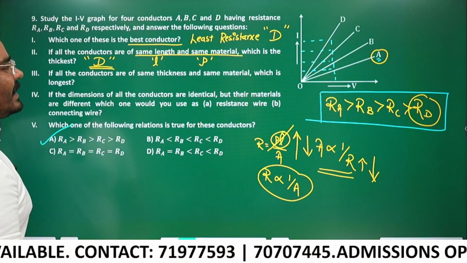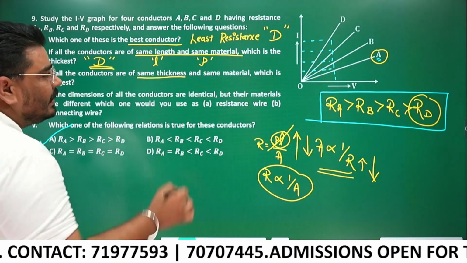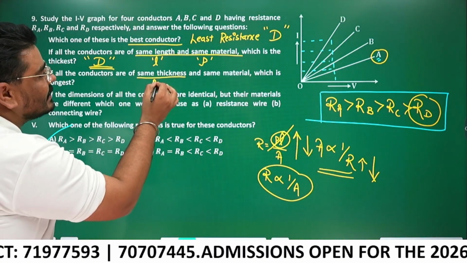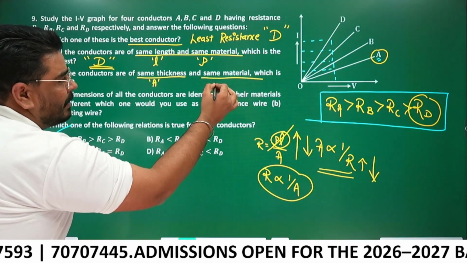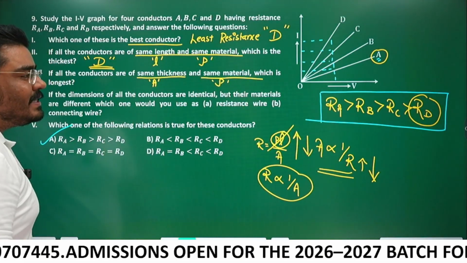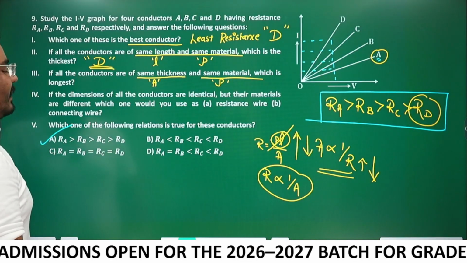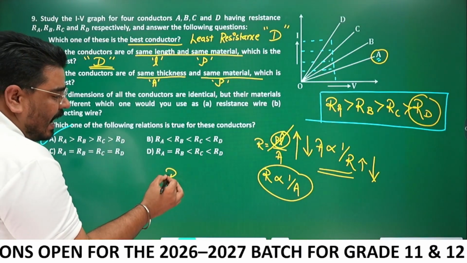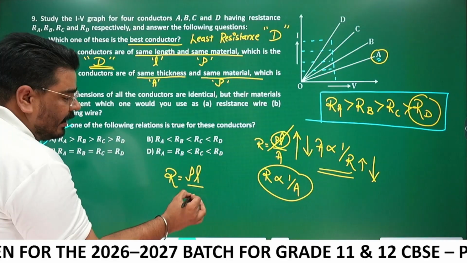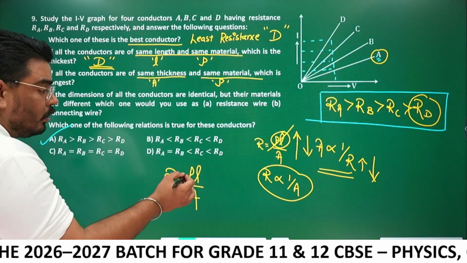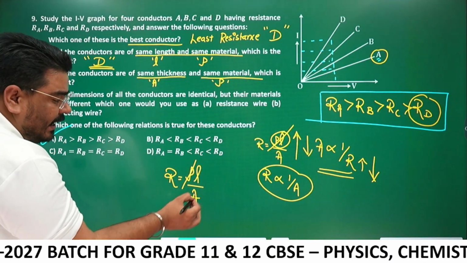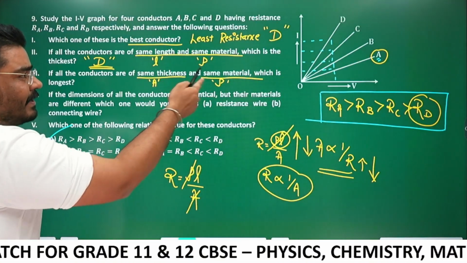If all the conductors have the same thickness, now area is same. And the same material, resistivity is same. Which of them is the longest? As I said, R is equal to rho L by A. Now you don't have to look at the material, resistivity or the area, because that is given same.